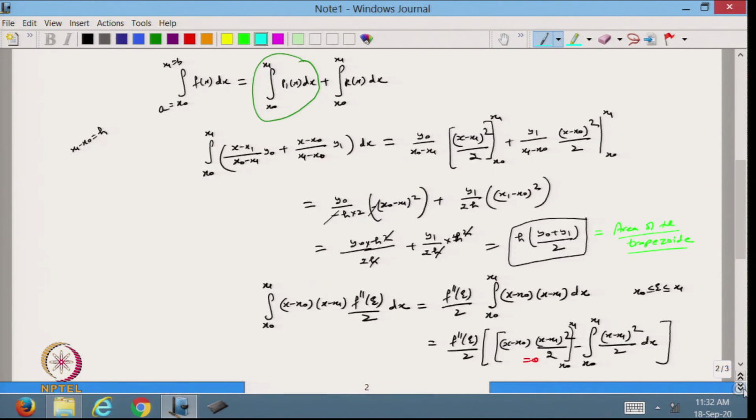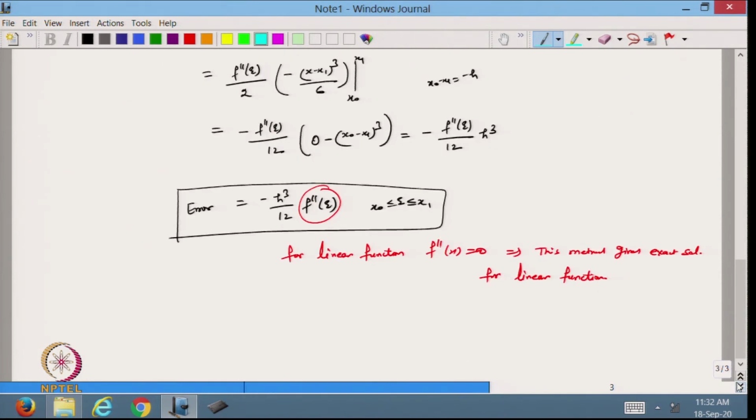Now, what can we do instead of this? We can split the function into n plus 1 nodal values, as we are doing, where x n is equal to b, x0 is equal to a, and then x1, x2, x3 and so on.